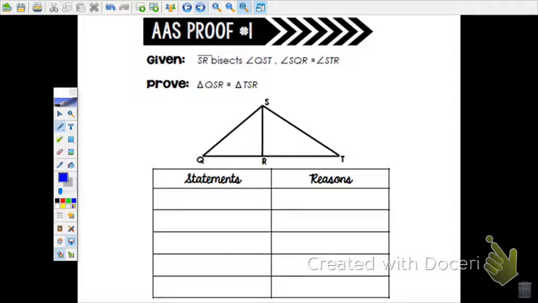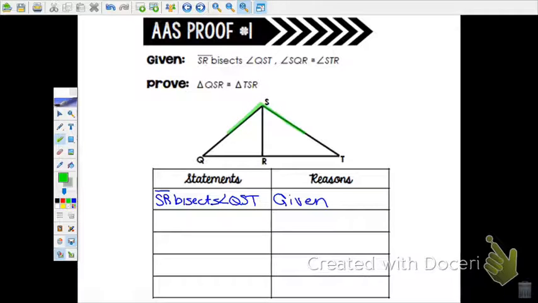Yet again, I will start with my given. Segment SR bisects angle QST. So again, we've got that angle bisector.